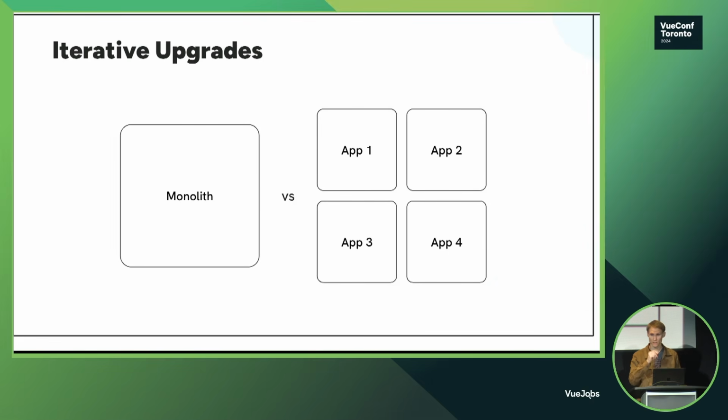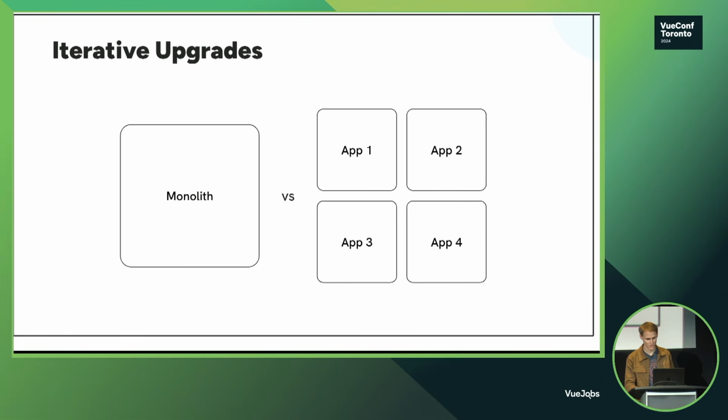So lastly, I want to talk about building software iteratively. How many of you have been through a Vue 2 to Vue 3 migration? A lot, yeah. And for us, it was incredibly helpful to have all of the documentation and migration guides from Vue and the community of Vue dependencies.